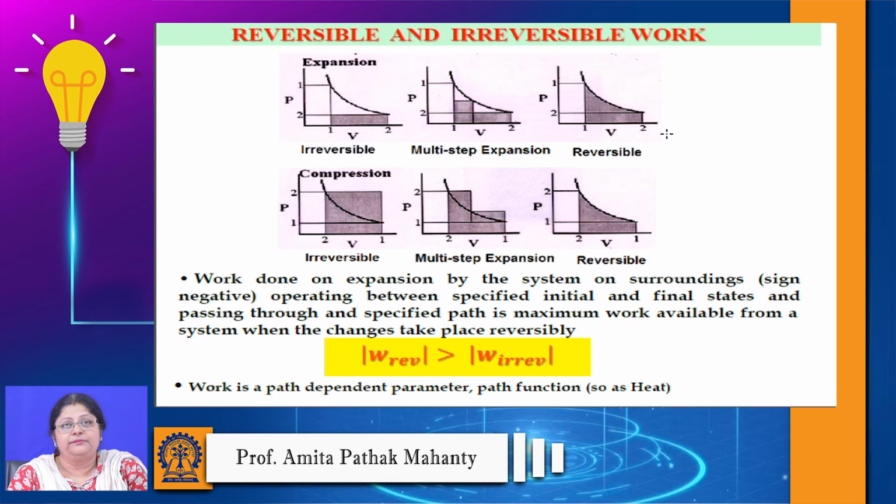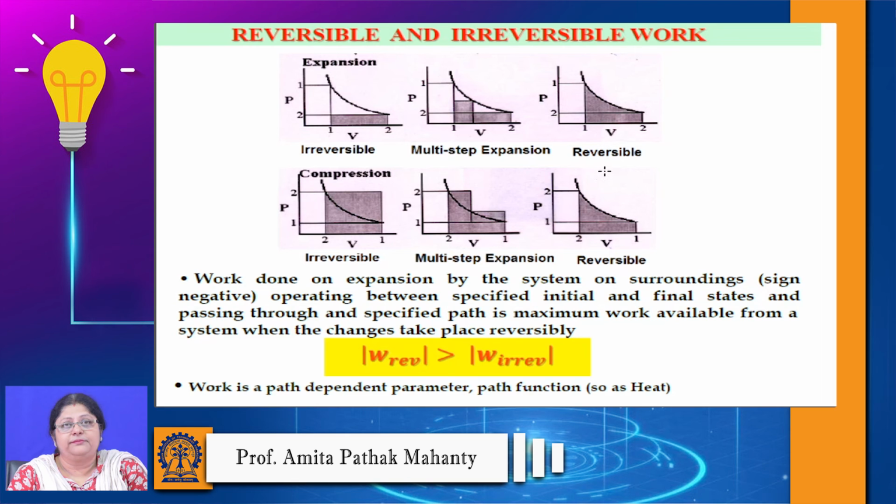So you see, the magnitude of work done in the reversible process is going to be more than the work done in the irreversible process. Because when you are talking about maximum work, you are talking about increasing the number of steps, and so you can make out that the expansion and compression works become equal.